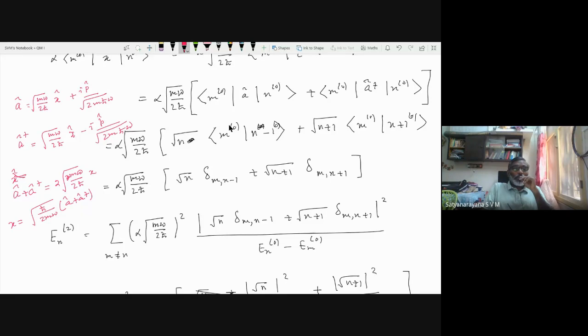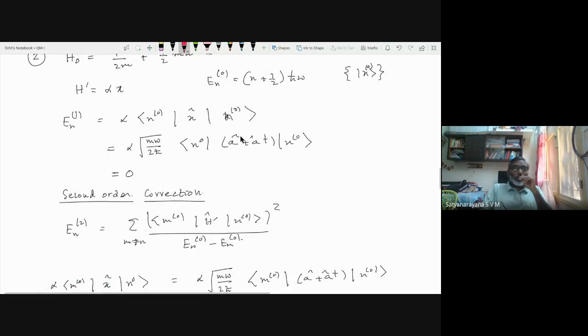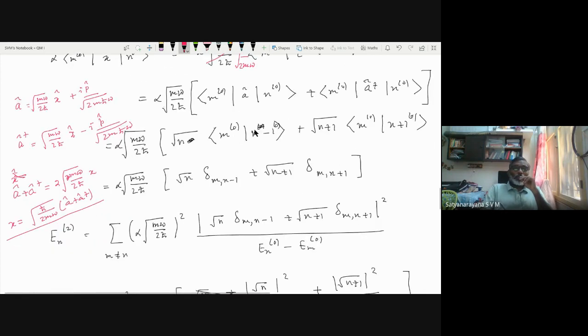Okay, so I substituted it wrongly. Wherever I have this, I think earlier also I used that. So this one should be root h bar by 2m omega. Same thing here, root h bar by 2m omega.